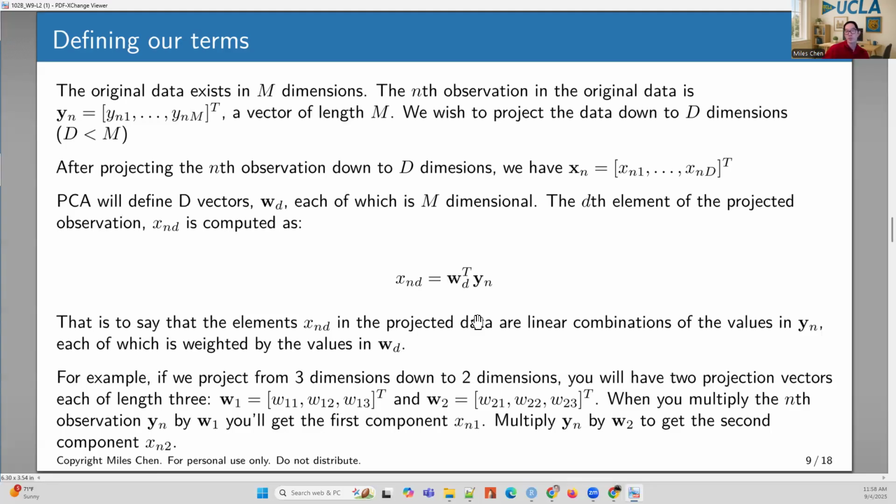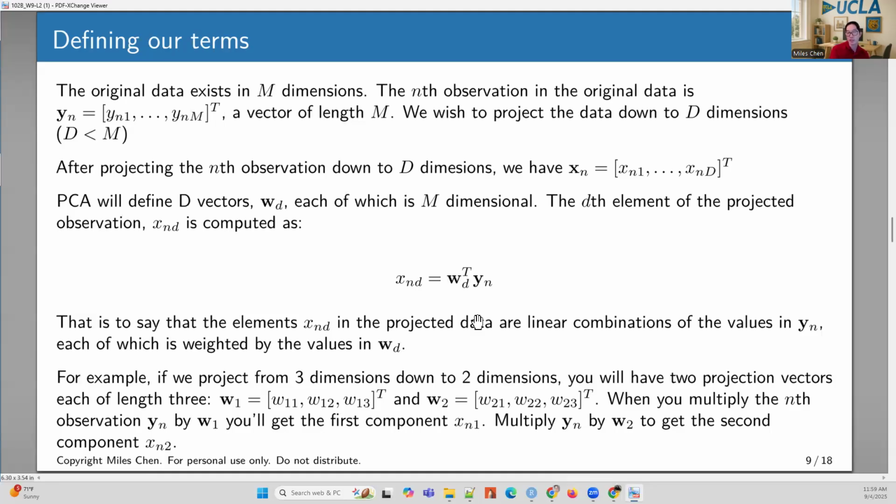And so what PCA will do is it's going to define 2 vectors, and each of those vectors will be length 3. It's going to define d vectors, each of them with a length of m. And when you multiply that weight matrix W times the original data, it's going to give you your projected data.